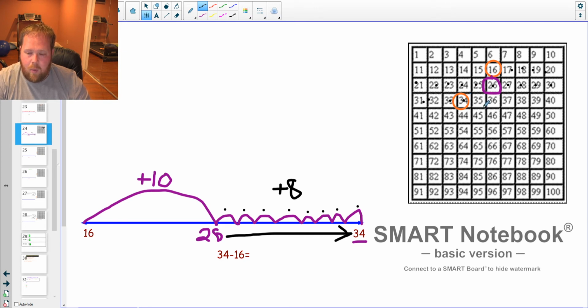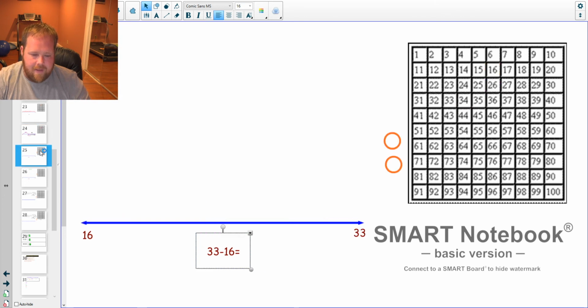We landed at 34 and we counted up 18. Okay, so 34 minus 16 equals 18. Very nice. We are going to do a few more and then you're going to try some on your own.